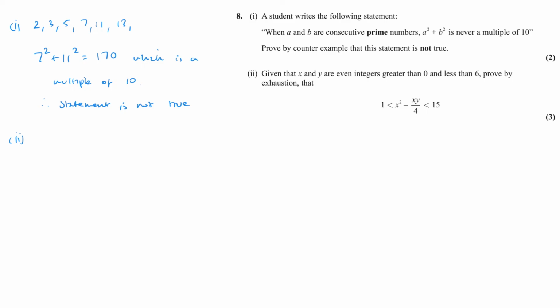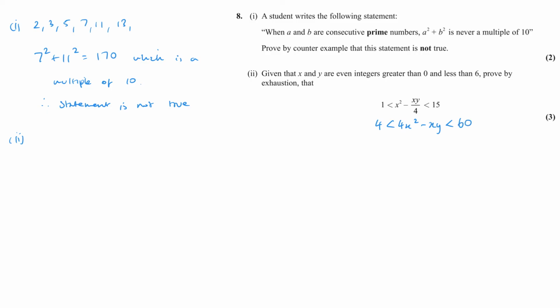Easy marks. Given that x and y are even integers, greater than 0 and less than 6, prove by exhaustion that this happens. Okay. Now, don't think you have to, but let's get rid of the fraction, like so.